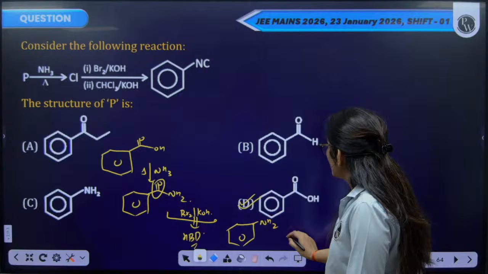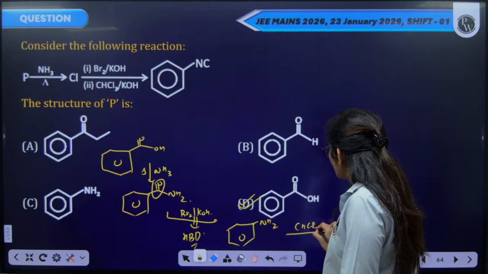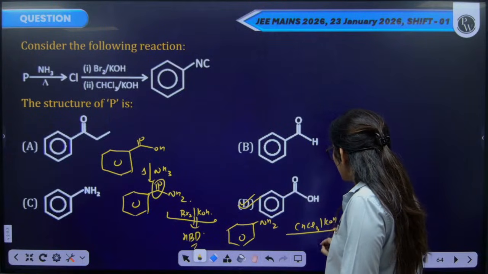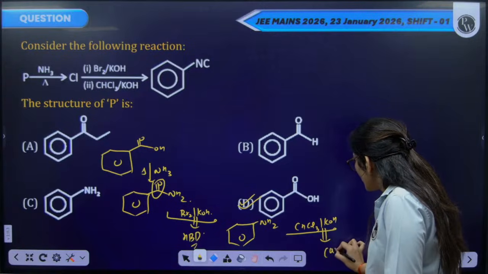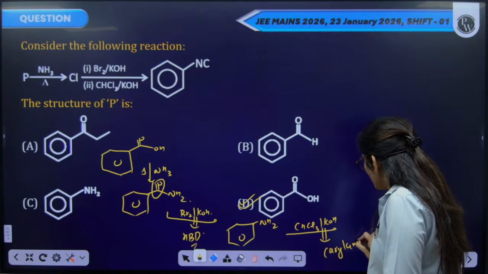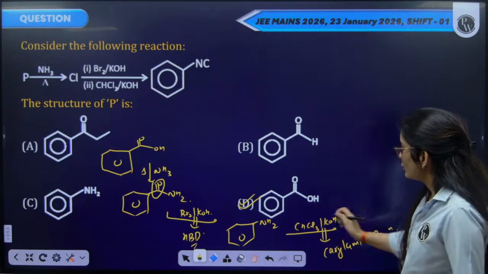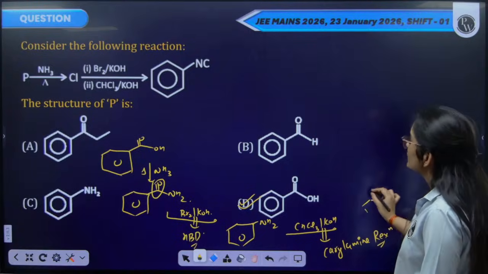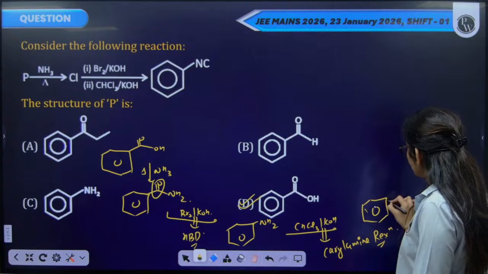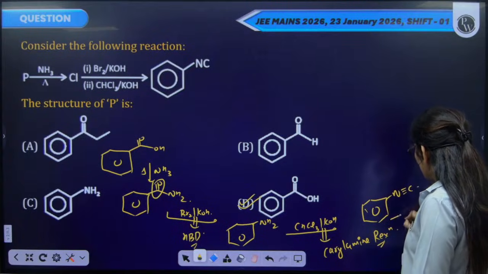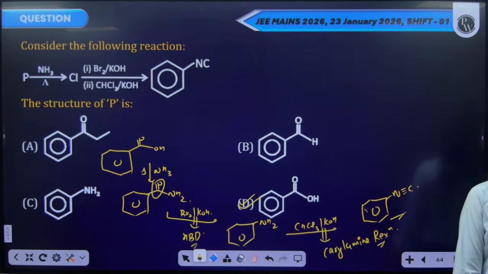Okay, and further CHCl3 in KOH has been added over here, so this will be called the carbylamine reaction. What it will do, it will get converted into this NC.